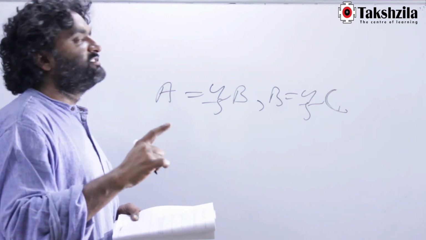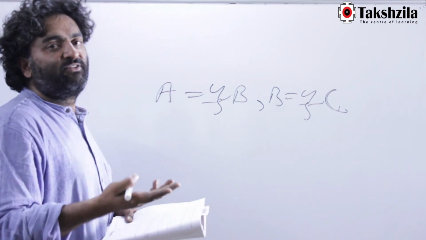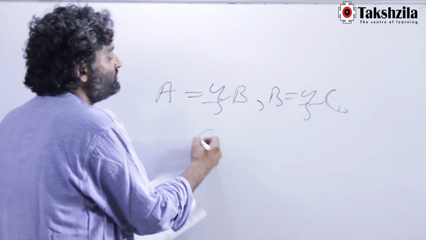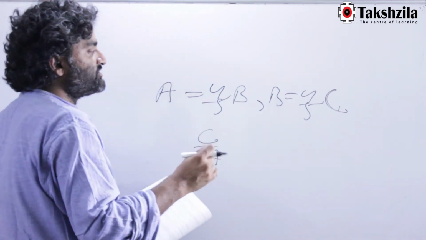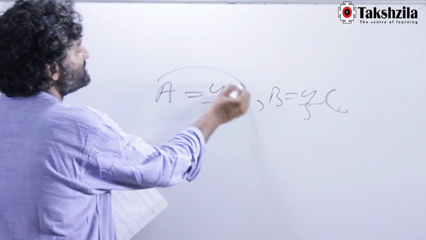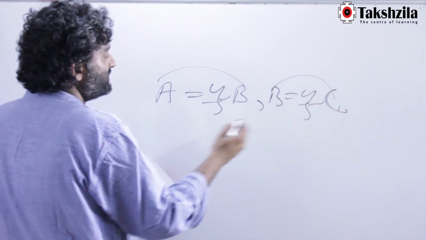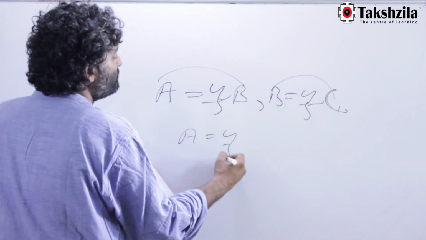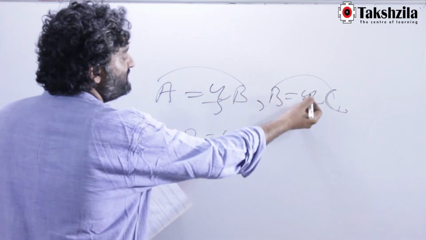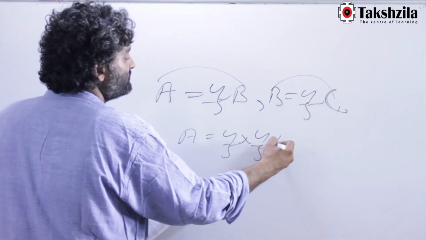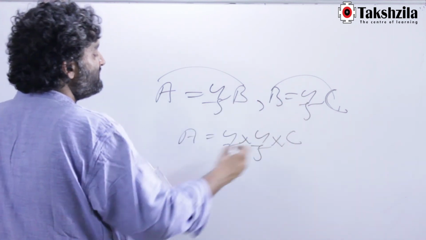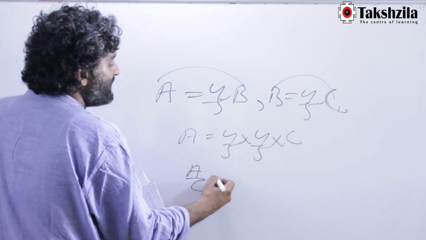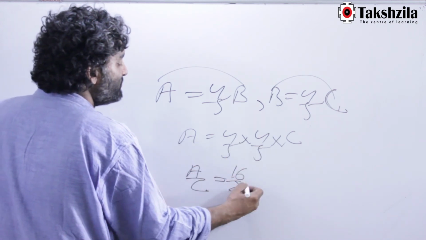That means A is the base and C in terms of A is being asked. So essentially you need a C by A kind of relationship. So what you have is a connection between A and B and B and C. Just put it together. A is equal to 4 by 5 B, and instead of B I can put A is equal to 4 by 5 into 4 by 5 into C, which makes A by C 16 by 25.